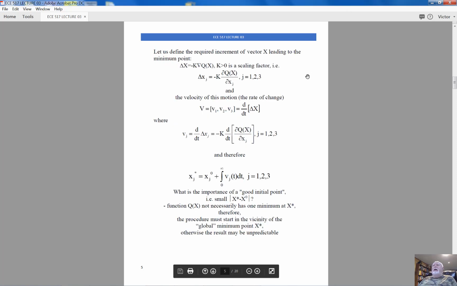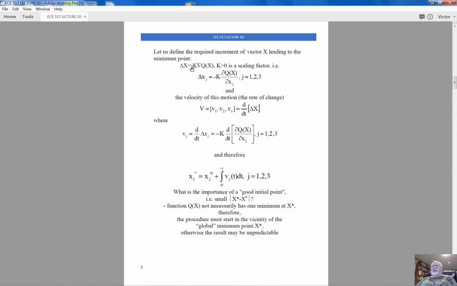How do we move in the direction of minimum? If we increment state vector x, the increment should be equal to minus a positive constant times the gradient.